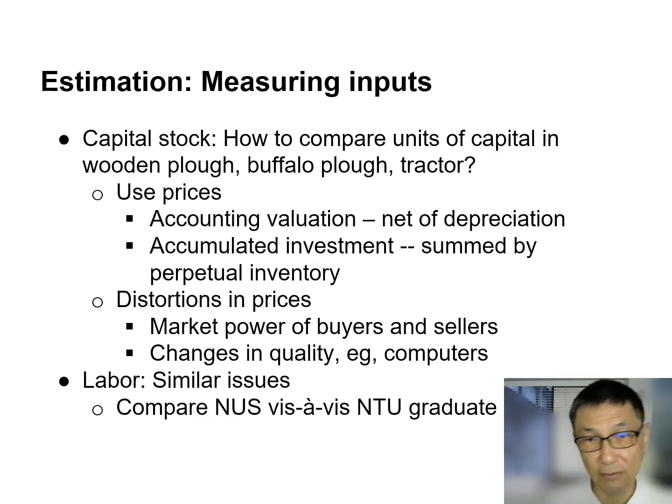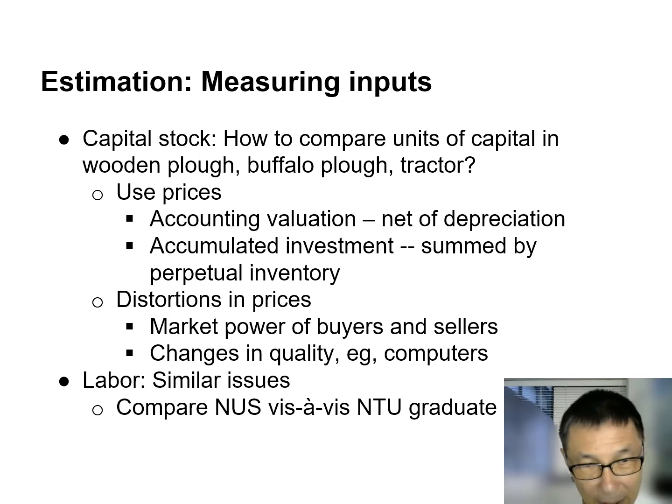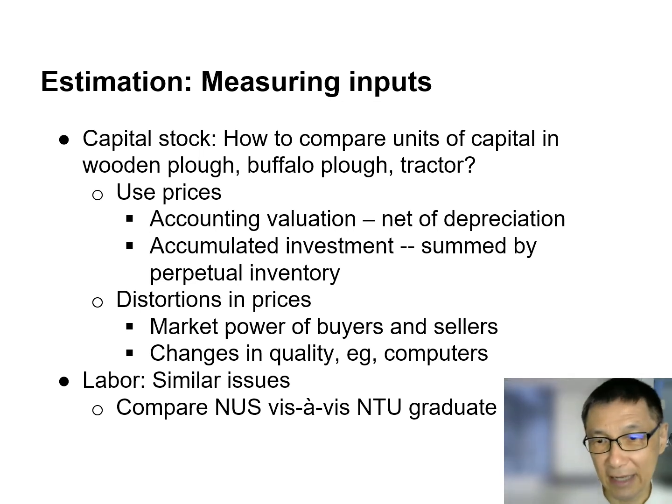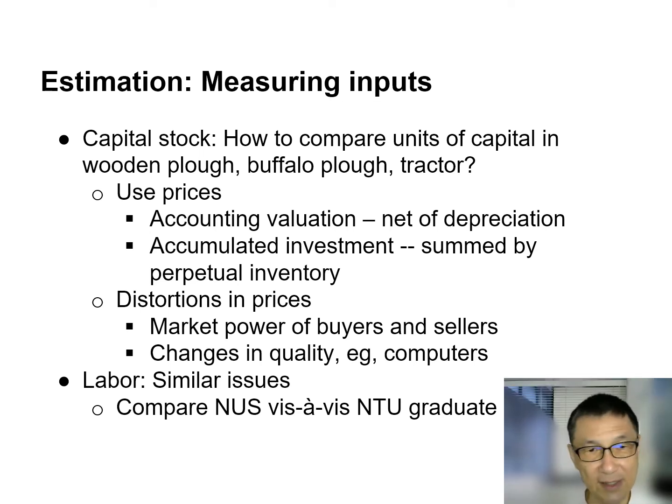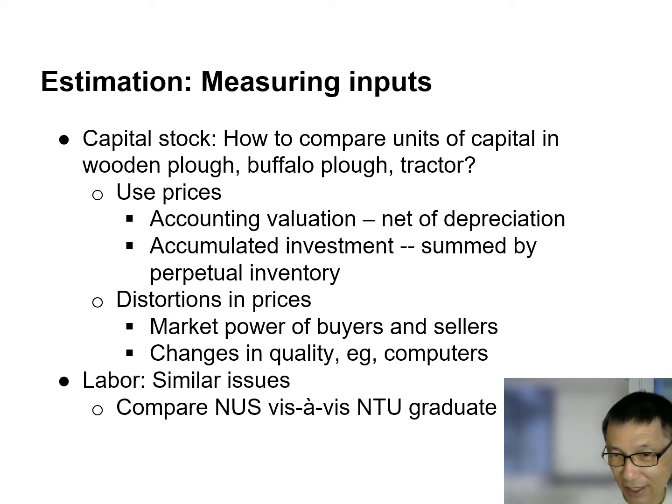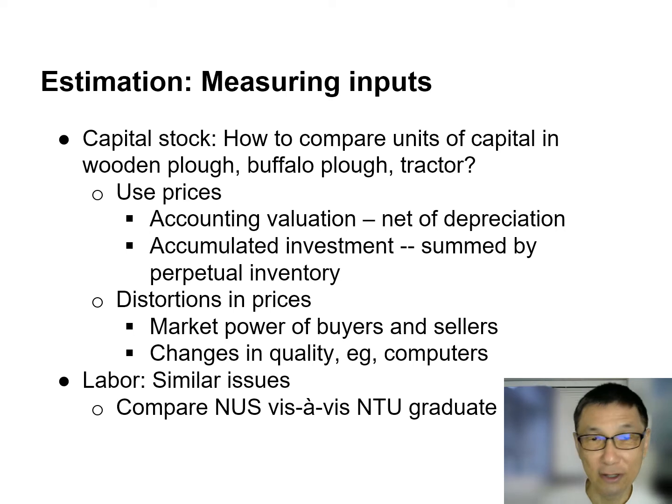The same issues arise in measuring inputs, both capital and labor. So for capital, if you have an example in agriculture where the capital stock changed from a wooden plow to a set of animals and an animal plow, and then a mechanized tractor, and maybe in the future, an AI-controlled autonomous tractor.